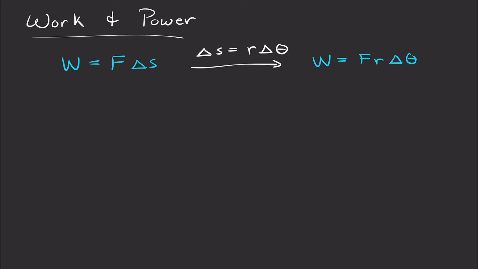We know F R is just our torque, so we end up getting the work is equal to tau times delta theta. These two look very similar. Instead of forces, you have torques. Instead of a linear displacement, delta S, you now have delta theta, which is angular displacement.